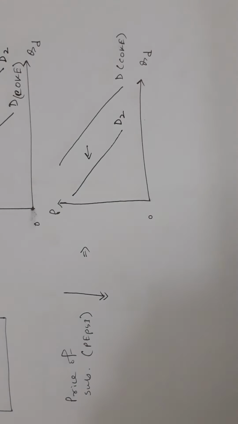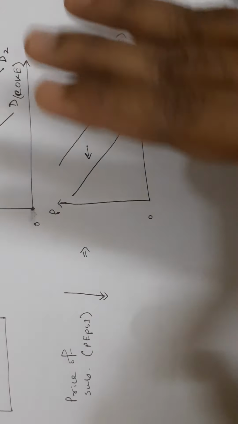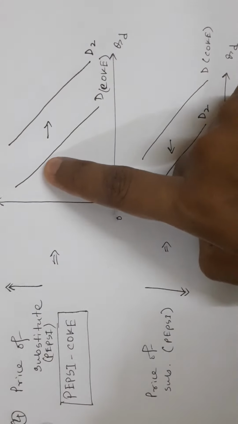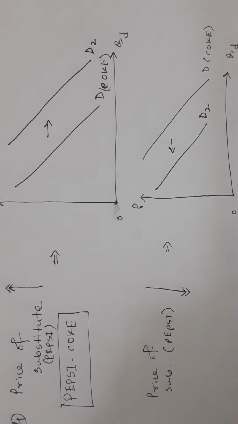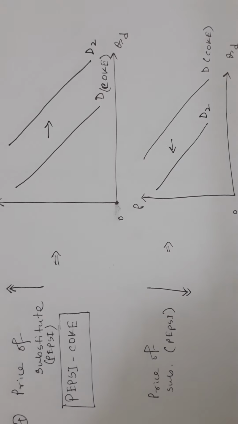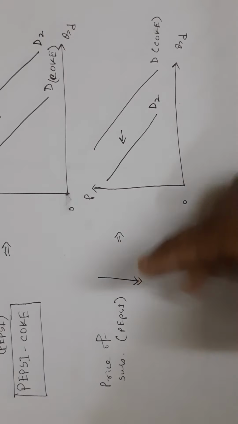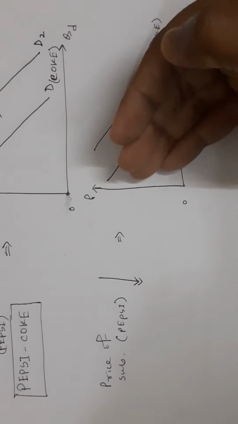So the summary is, when the price of a substitute item rises, demand for the other substitute increases. When the price of a substitute item falls, demand for the other substitute falls. Okay, very good.